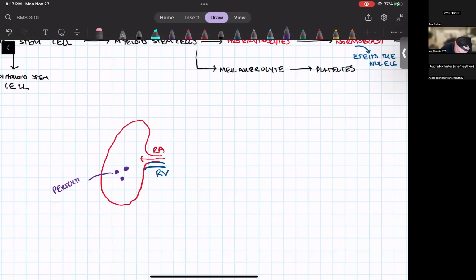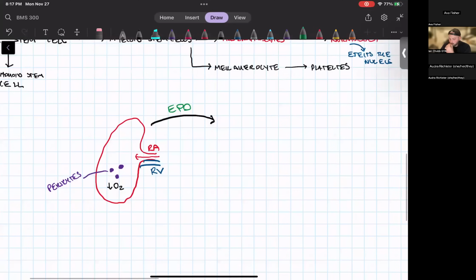I don't think I know how to spell it, so that's my best bet. These detect oxygen concentrations. So if O2 is low in our arterial blood that came in from the right or left side of the heart, entered through the renal artery, our kidneys are like, oh, this is lacking oxygen. Then we're going to release that EPO from these cells. So we get EPO, erythropoietin.